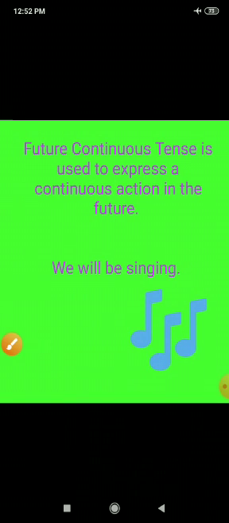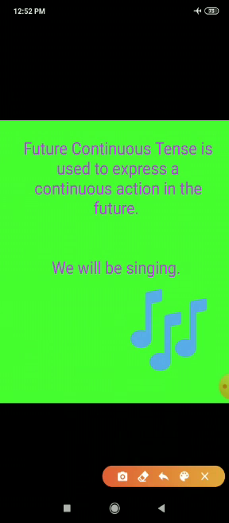Now let's see future continuous tense. This is our third continuous tense. We spoke about present continuous tense and past continuous tense. Future continuous tense is used to express a continuous action in the future.